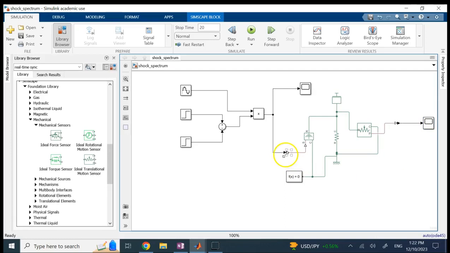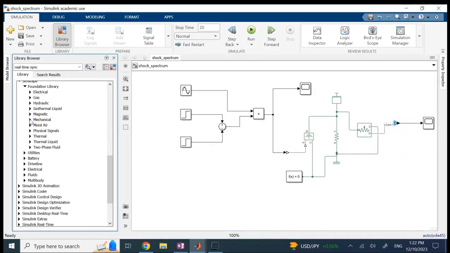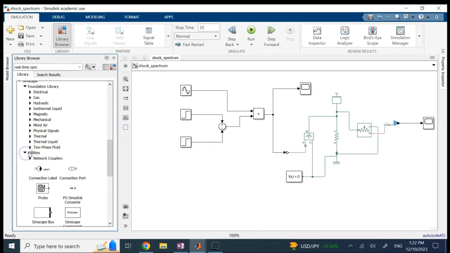Now, these Simscape blocks, these second generation blocks, cannot be directly attached to regular Simulink blocks. If you see, these wires are black, these wires are green and brown. So the way you can use a signal generated using regular Simulink blocks for Simscape, and read the signal generated in Simscape into an oscilloscope, is using these two extra blocks, which you can find here under the utilities.